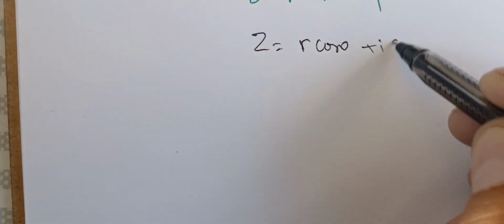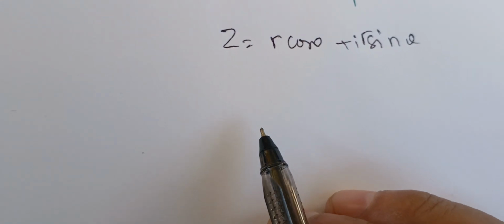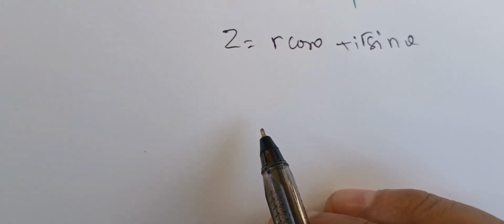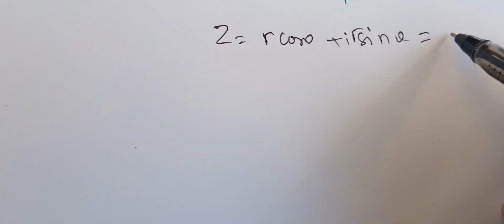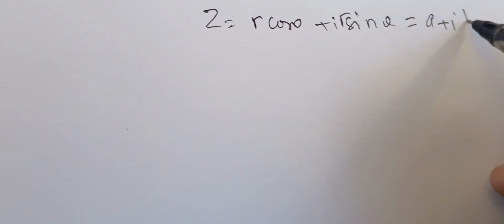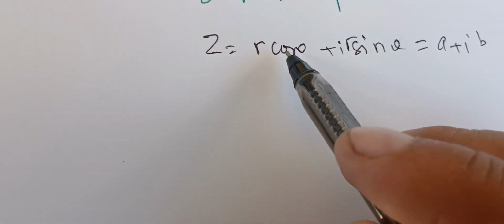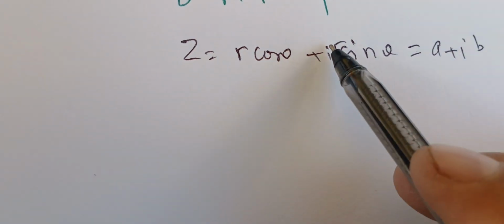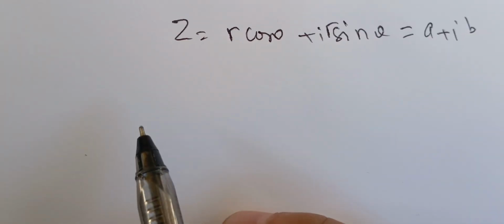So given a complex number z that we can write as r cosine theta plus i r sine theta, we can say that this is in the algebraic form, which is a plus ib, with a being r cosine theta and b being r sine theta.